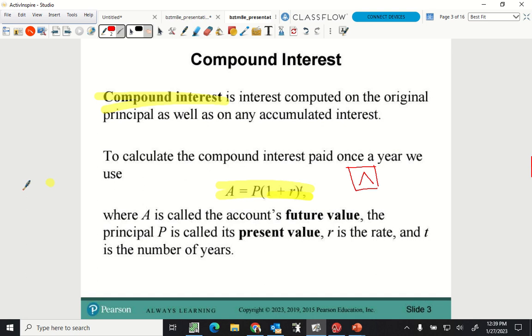As you're doing this, we're going to do it item by item to show how to plug these in. A is future value. P is principal value. R is rate, T is time, number of years.